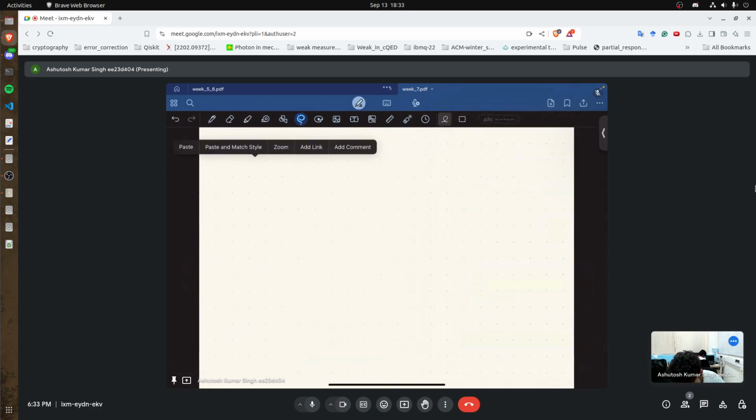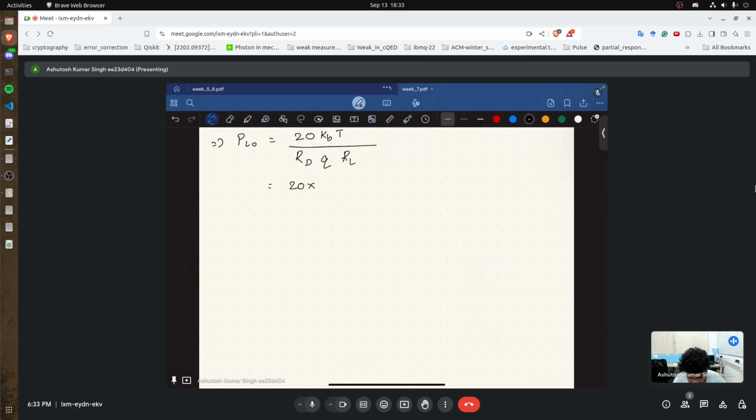Let's see. We know this is 20 and kB is the Boltzmann constant, which is 1.38 into 10 raised to the power minus 23. Temperature in this case is in Kelvin. So this is 273 plus 25, which is 298 Kelvin. 298 divided by responsivity, which has been given as 1 amps per watt, into charge of the electron into 50 ohm.